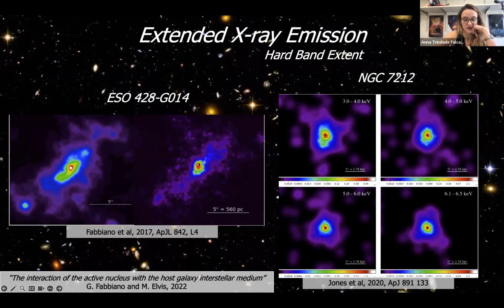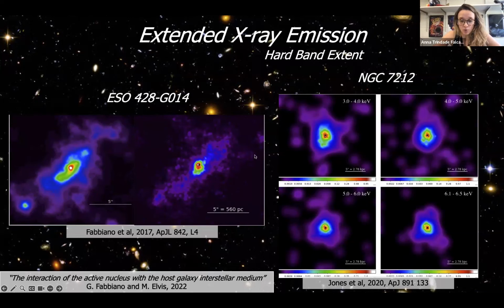So here we have a deep Chandra image of ESO 428, which was done by Fabbiano in 2017. And this was the first time that it was shown extended hard continuum, which is this image here, 3 to 6 keV, and also extended iron K alpha emission on a comparable kiloparsec scale size.